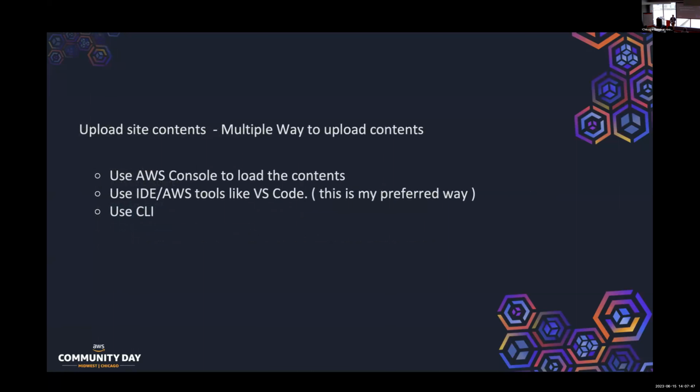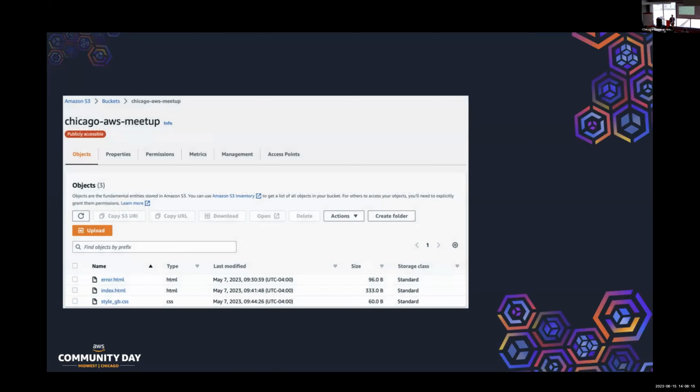There are multiple ways to upload the contents. The simple way is to use the AWS console and load the content. You can use an IDE of your choice. I use VS Code. And if you are into CLI and infrastructure as code, then you can use the CLI to upload your files into the bucket.